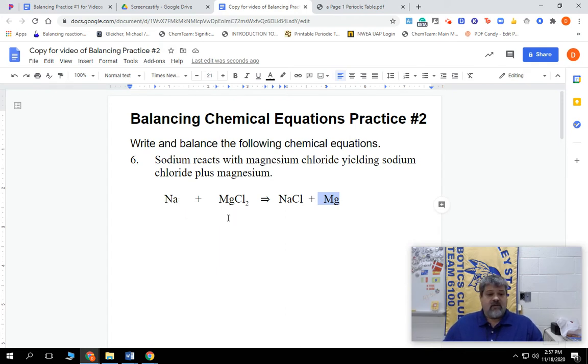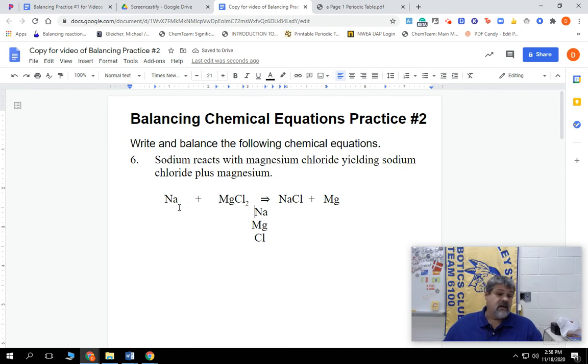So now all we have to do is put in what we have. So we have element sodium. We don't have any polyatomic ions, so we don't have to worry about that. Then we're going to put in magnesium, and then we're going to put in chlorine. So I have our elements right there, and we're going to put in how many on each side of the arrow.